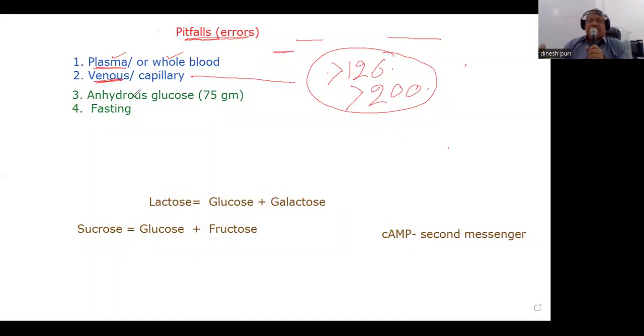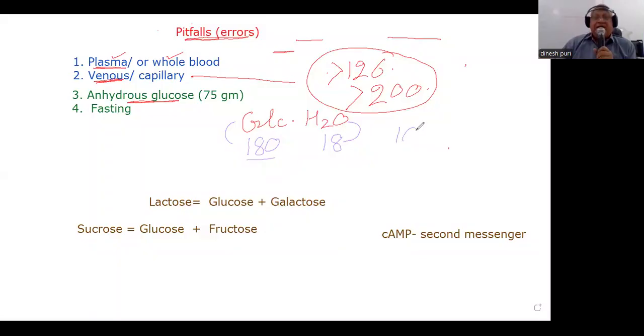And then anhydrous glucose. What does it mean? When we give the glucose load, we use anhydrous glucose. The market preparations, if you see their formula, are glucose H2O. That means for every 180 grams of glucose, 18 grams of water is present: the molecular weight of glucose is 180, and of water 18.